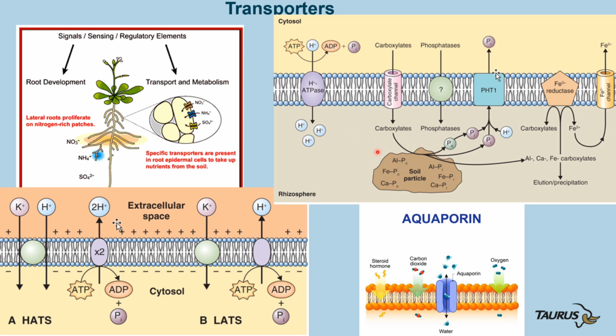And that's why just growing plants will acidify the soil. And that occurs if you haven't got enough limestone there to neutralize that. That's just the way it is. And then we can get things like aluminum and so on kicked off. And these transporters control what's going in and out. And water is controlled through transporters called aquaporins that are there in the cell walls and the roots and throughout the plant.